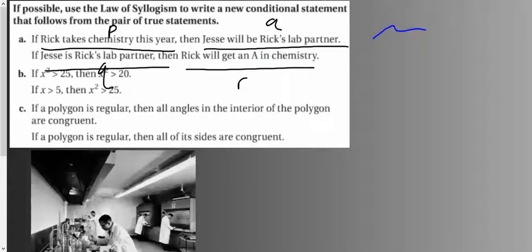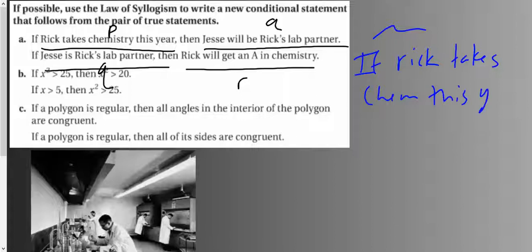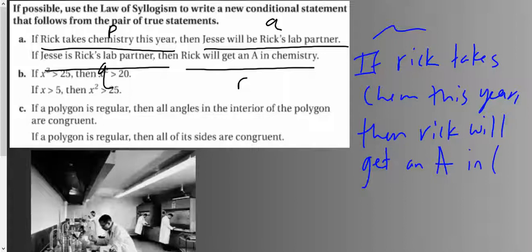All right, so what we're going to say is if Rick takes chemistry this year, then Rick will get an A in chemistry.